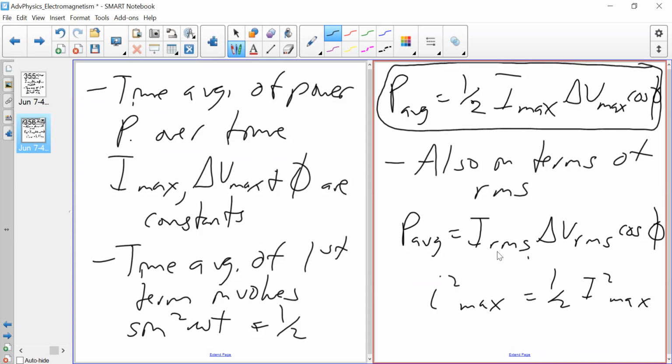We just get 1/2, which is going to be our I RMS over our time average. So we just make a substitution in terms of RMS, and that's what we have for power. So that is average power in terms of RMS.